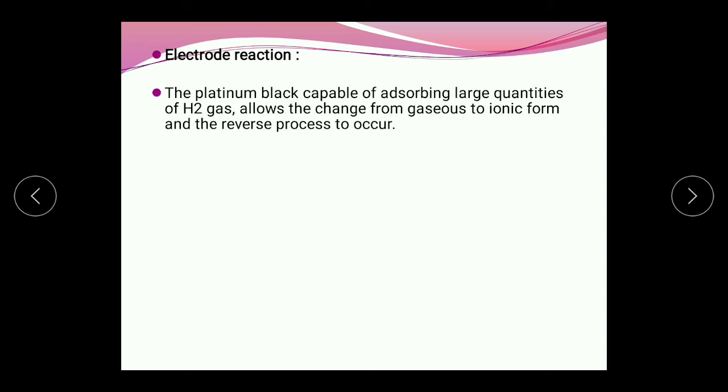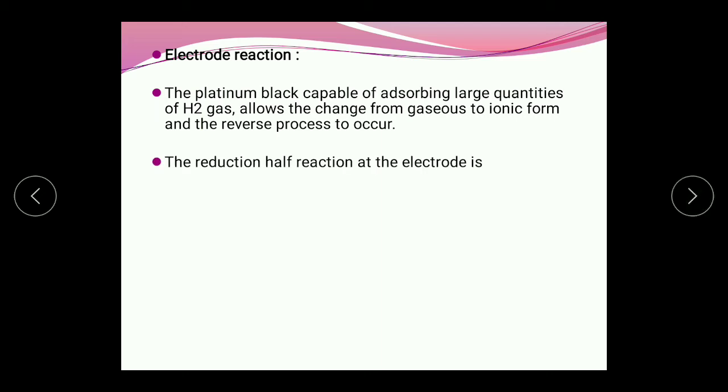The platinum black is capable of absorbing large quantities of hydrogen gas, and that allows the change from gaseous to ionic form and the reverse process to occur, because we are not using a metal plate. Hence, the platinized platinum plate absorbs the hydrogen gas and converts it into ionic form.